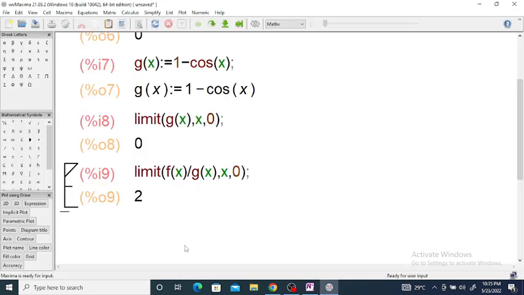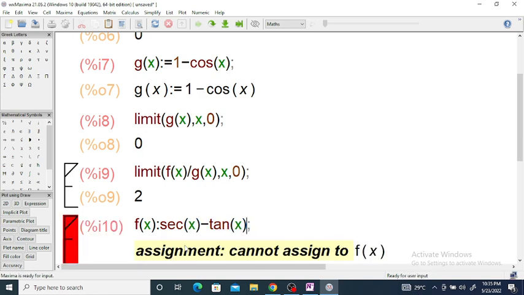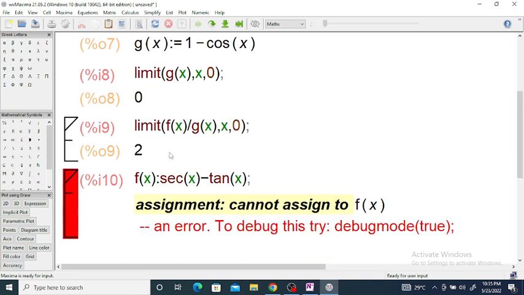So here in Maxima, if you write f of x is equal to sec of x minus tan of x, it says cannot assign, as the equal sign is missing.